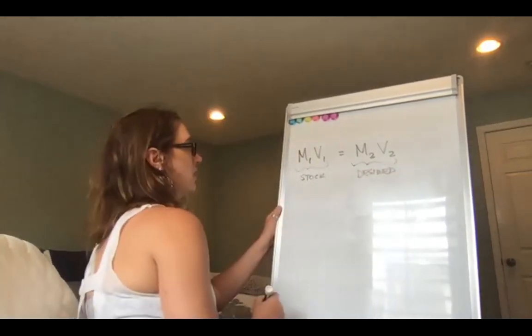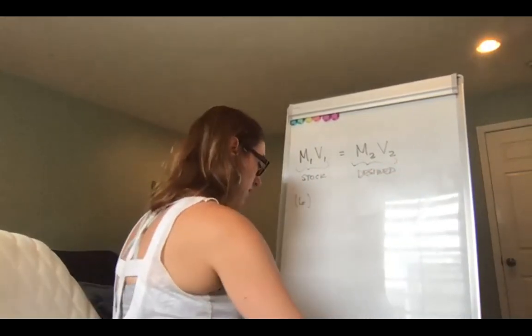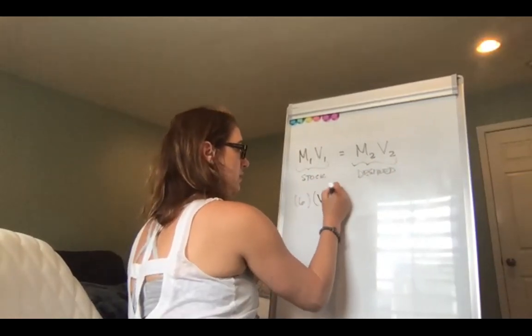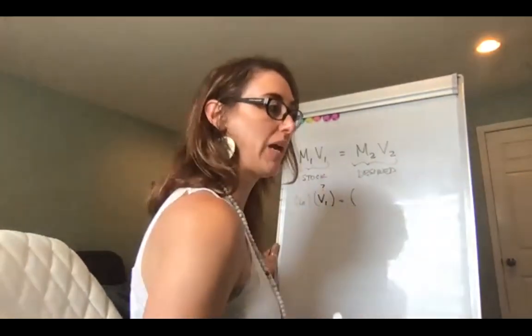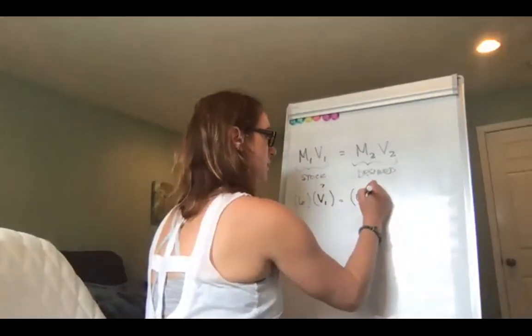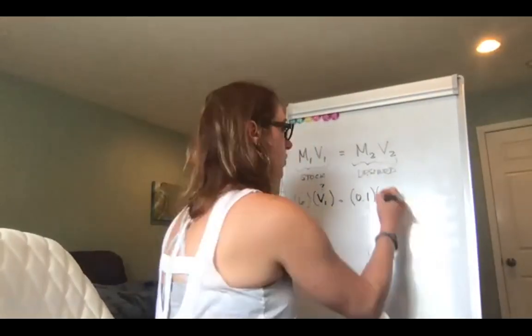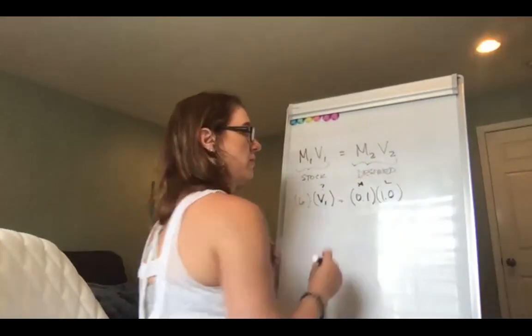I just made my 6 molar stock solution, and I want to know what volume of it I need, right? That's my unknown, in order to make 0.1 molar solution. And I want to make 1 liter of a 0.1 molar solution, right? So this is my molarity, and there's my volume, 1 liter.